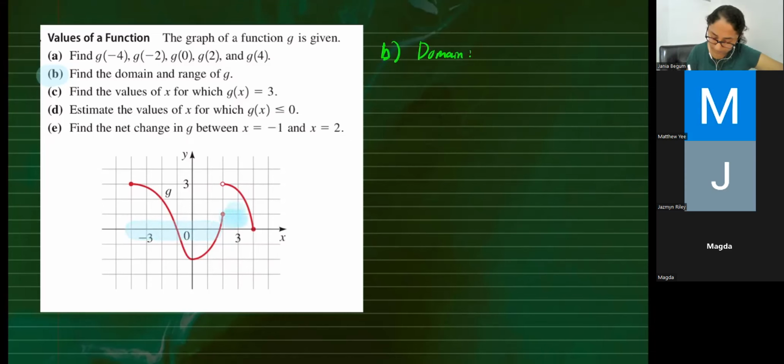No, the graph also exists here, so that means it doesn't stop at 2. We have to continue on. So it would be -4, close parentheses, and 4, close parentheses.